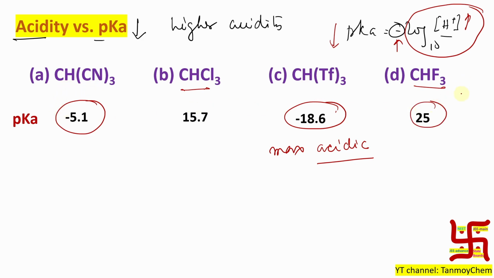Why fluoroform is a weaker acid compared to chloroform, I have explained. In chloroform, minus I and vacant 3d orbital participation operate to stabilize the negative charge, but in fluoroform there is only minus I, and another negative point is lone pair repulsion. So although fluorine is more electronegative with a stronger minus I effect, chloroform is still more acidic compared to fluoroform.